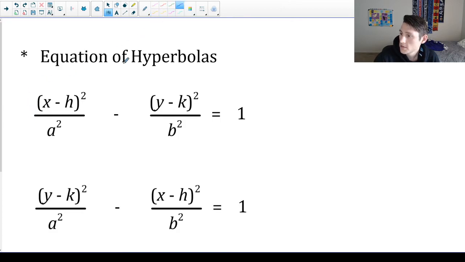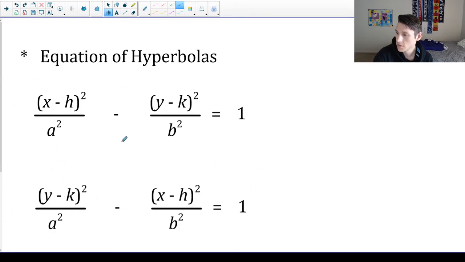Here are the equations of the parabolas. These should look pretty familiar.